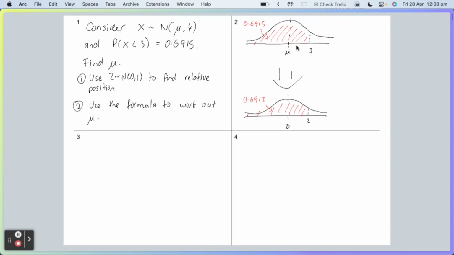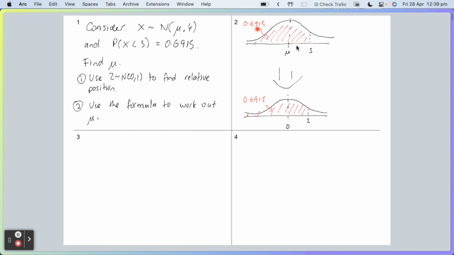So zooming out, this is how I've tried to capture that here. The normal distribution that we're given is a normal distribution with a mean mu that we don't know the value of, so I've just listed it as mu.